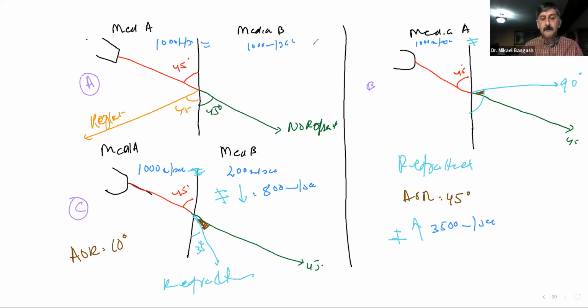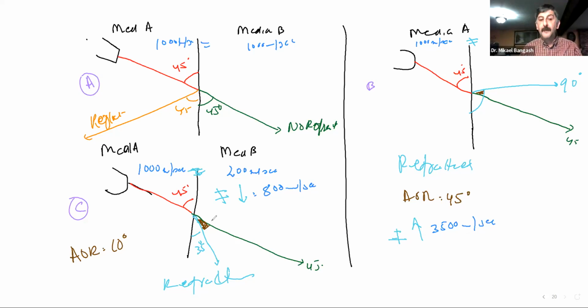Now, some of you will say, Mike, or your question may arise, but Mike, why couldn't we have gone from 45 degrees to a 0 degree angle here? Or from 45 degrees to a 50 degree angle here? And still have an angle of refraction of 10 degrees.